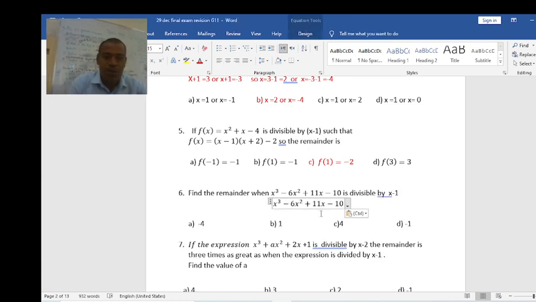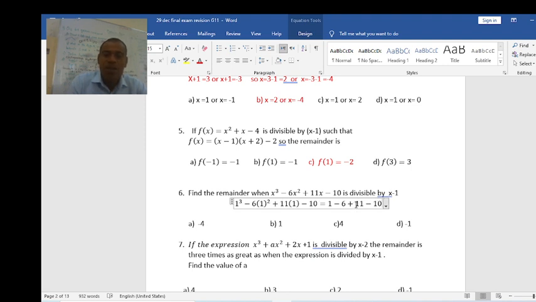So it will be 1 cubed minus 6 multiplied by, I will make parentheses, 1 to the power 2 multiplied by 1, plus 11 multiplied by 1, minus 10. So this is equal to 1 minus 6 plus 11 minus 10.